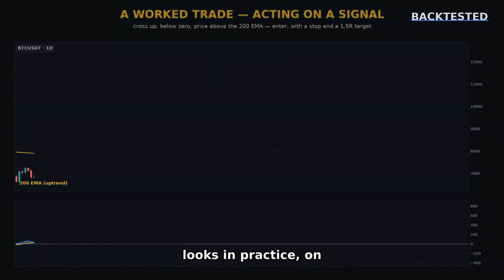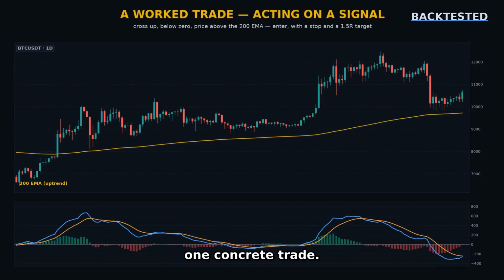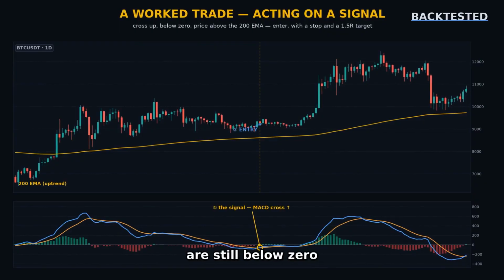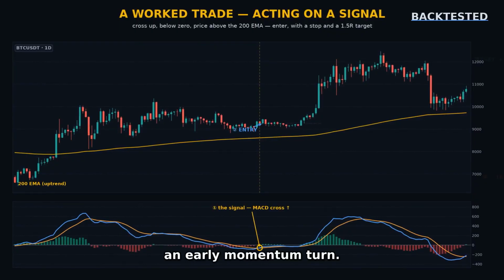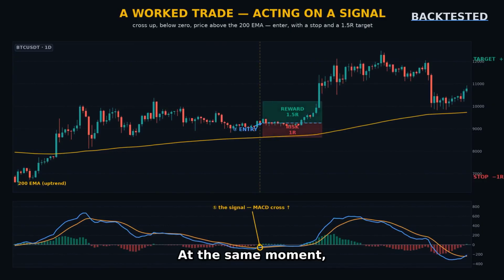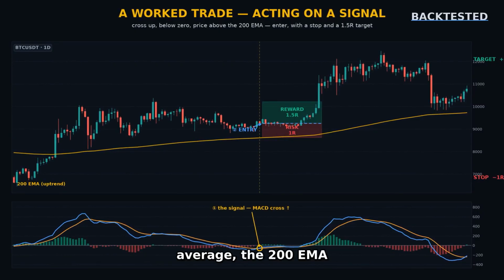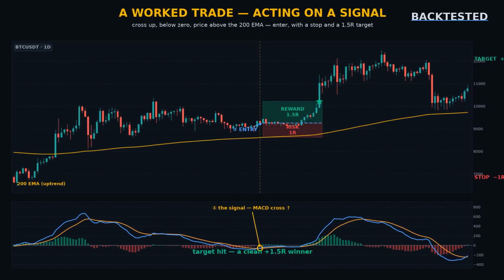Here's how a signal looks in practice, on one concrete trade. The MACD line crosses up through the signal line while both lines are still below zero, an early momentum turn. At the same moment, price is trading above its 200-period exponential moving average, the 200 EMA, evidence the broader trend is up.